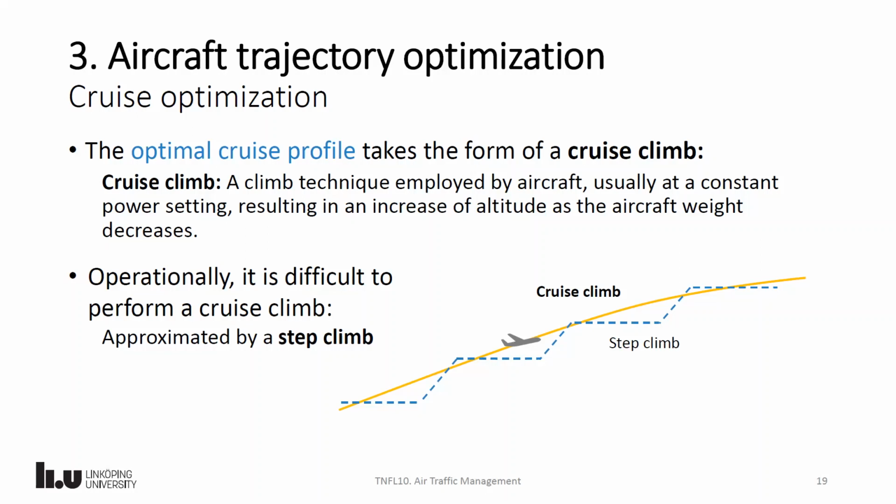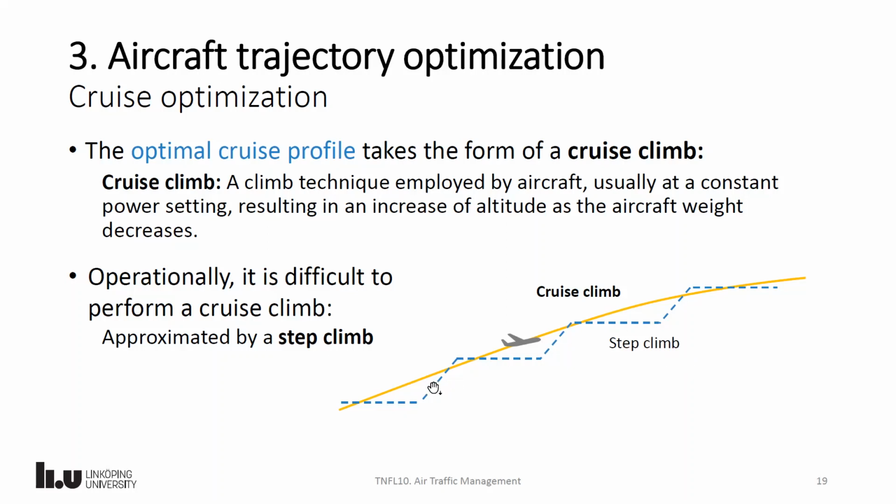Usually what is easiest to control for traffic controllers and for pilots is to fly at a given flight level. So usually this cruise climb is approximated by something called a step climb.